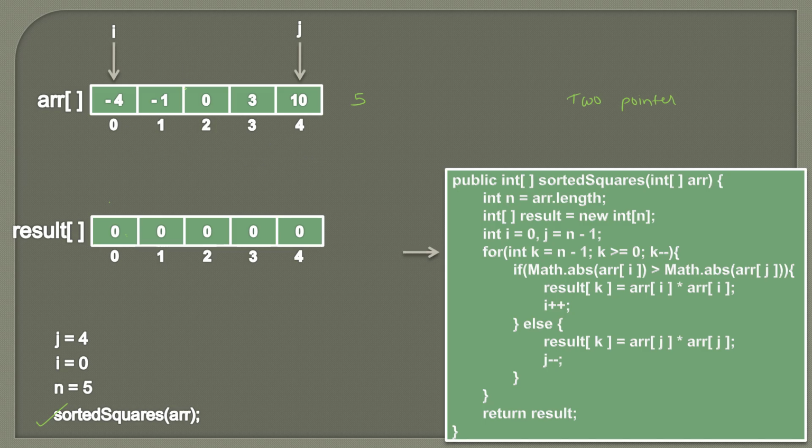But here, as we are including negative numbers, you can see 3 is greater than -4. But if we take the squares of both, -4 into -4 gives 16, and 3 into 3 gives 9. So before squaring, -4 is less than 3, but after squaring, 16 is actually greater than 9.